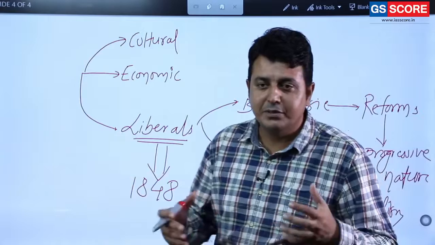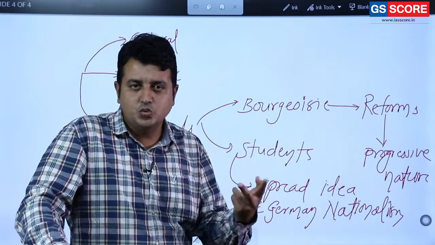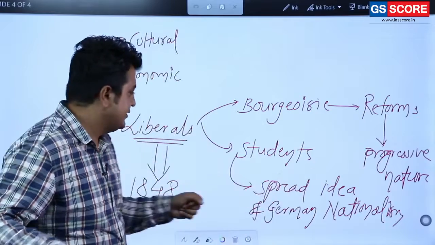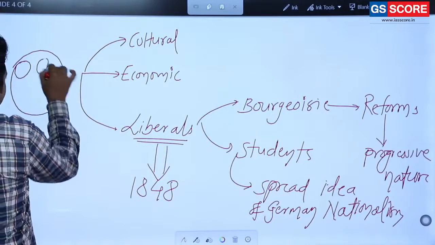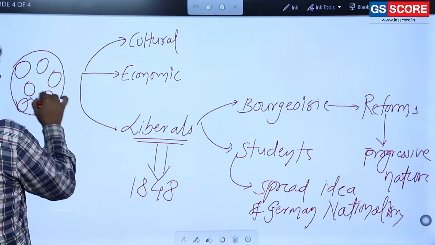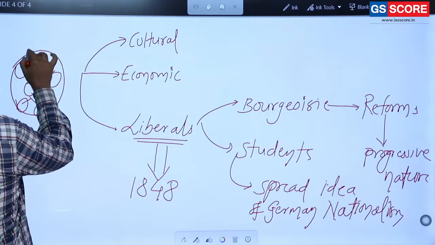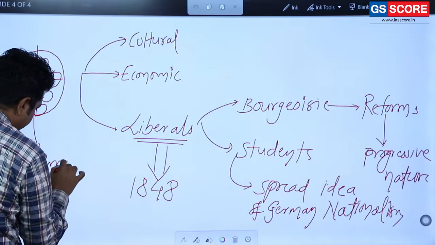Unification from below and unification from above are two separate processes. Unification from below means these different states, as I mentioned, want to join each other and form one nation state, and that is Germany.